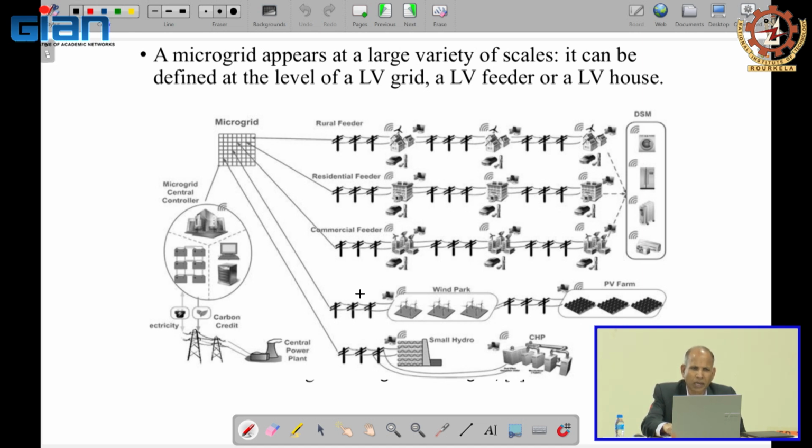This microgrid again can have further sizing.